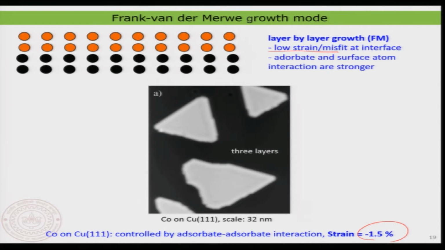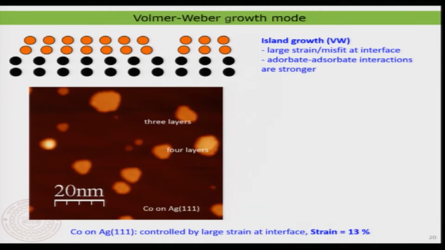That is very important, and the adsorbate surface interaction is also playing a very major role in this case. Therefore, we can get this type of Frank-van der Merwe growth, the so-called layer by layer growth.